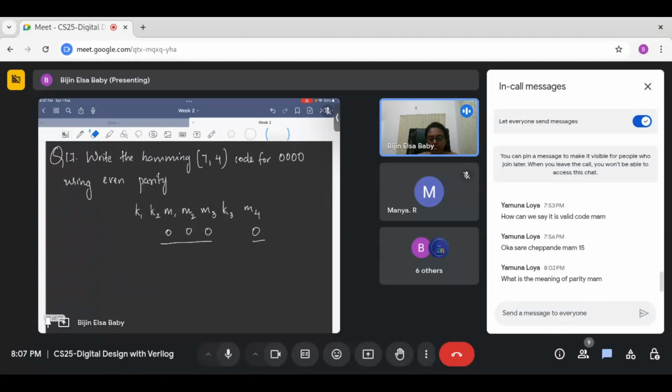So you need to write all the combinations of K. Here it is for the 7-bit Hamming code. The order of representation is K1, K2, M1, K3, M2, M3, M4.